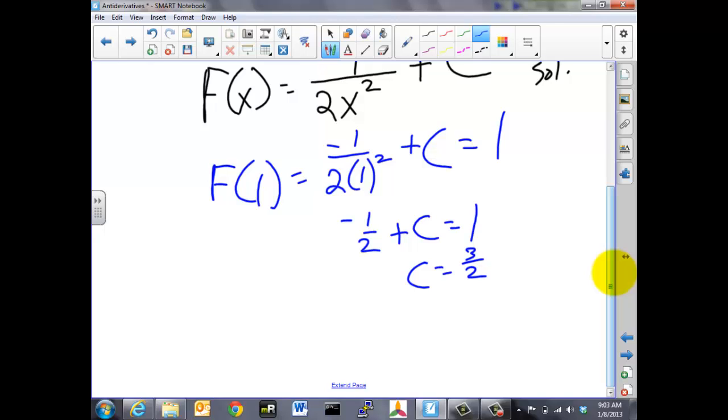Now, this is not our particular solution. What is our particular solution? It's the function that we had, -1 over 2x squared plus 3/2. This is our particular solution.